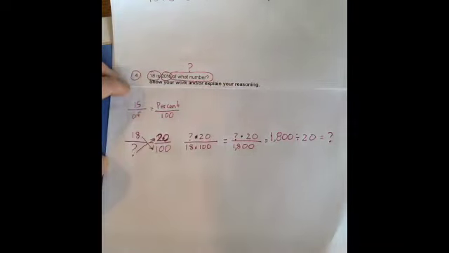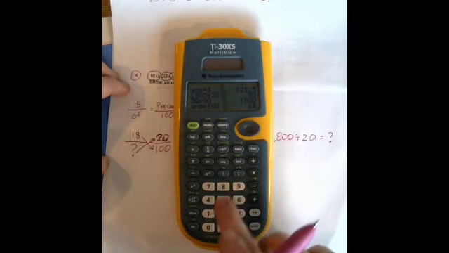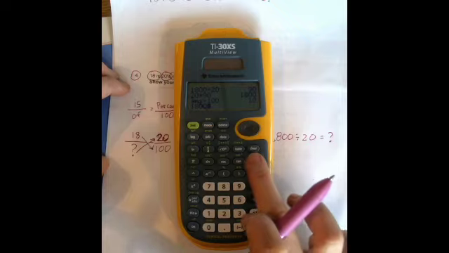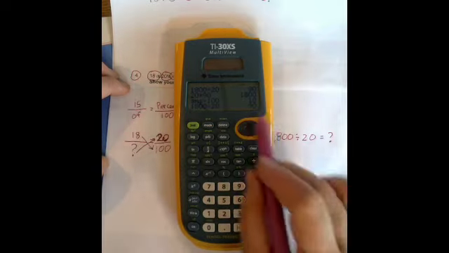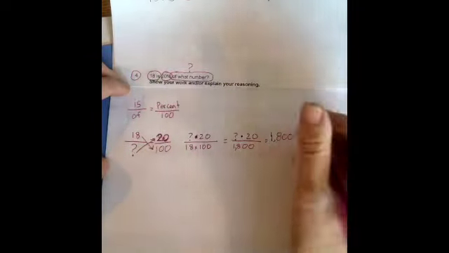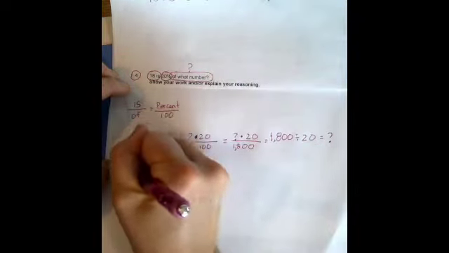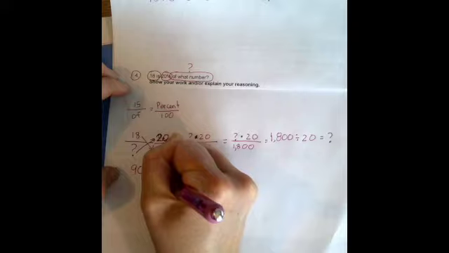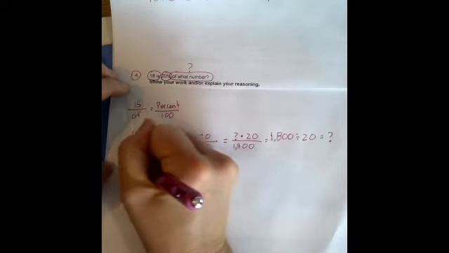If you pop that in your calculator, you could either do your long division, or you can go ahead and pop 1,800 divided by 20, and that equals 90. So that means that 90 equals your I don't know what. So 90 is your answer.